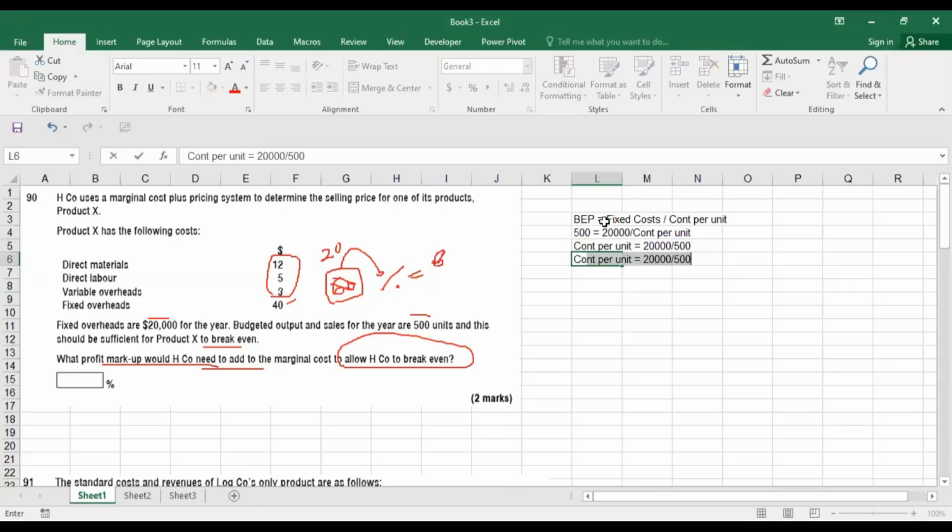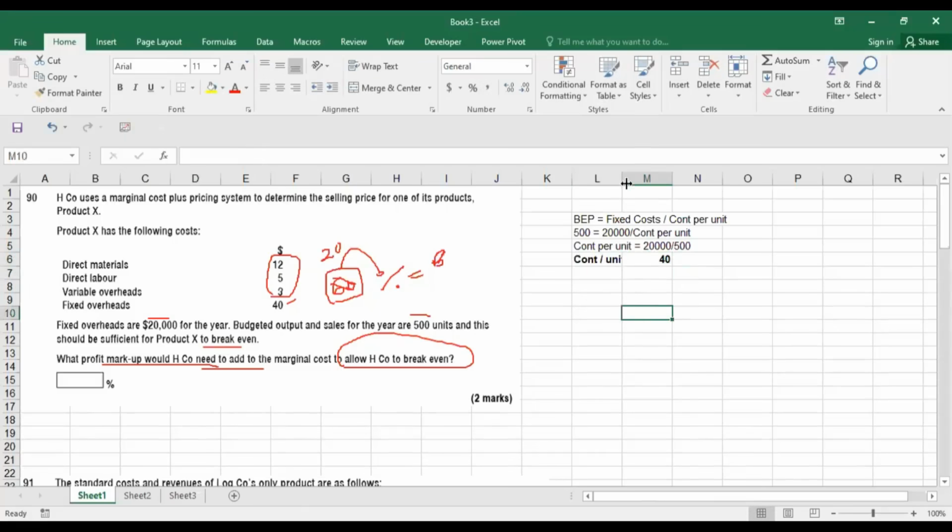So your contribution per unit will be 20,000 divided by 500, and it comes out to be $40. So contribution per unit is $40.